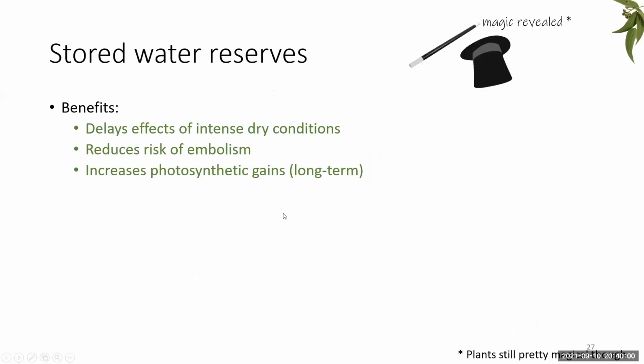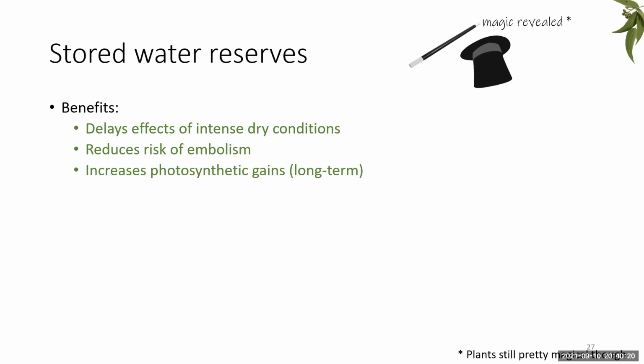So this brings me to the final slide, so in conclusion, I focused on stored water reserves in plants. And we found that the stored water reserves have some very important role to play.